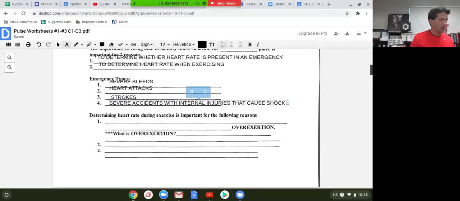Okay, so determining heart rate during exercise is important for the following reasons. So we say exercise and emergency types, right? So here's a few reasons why we'd want to take pulse during exercise.